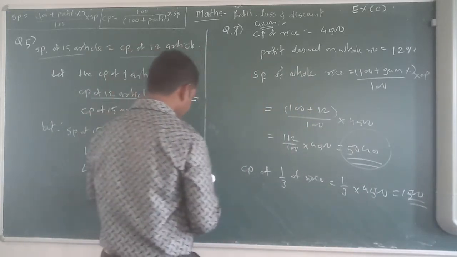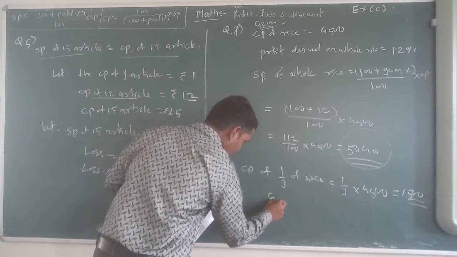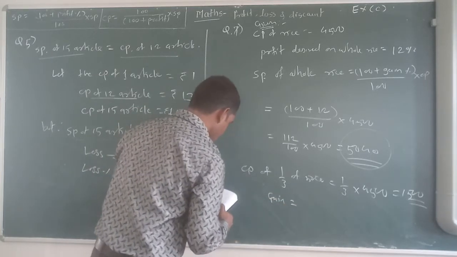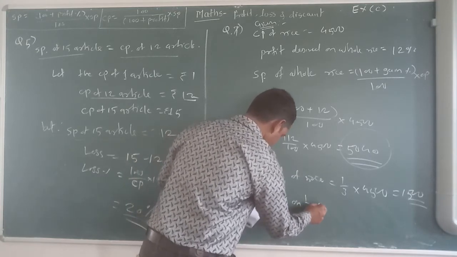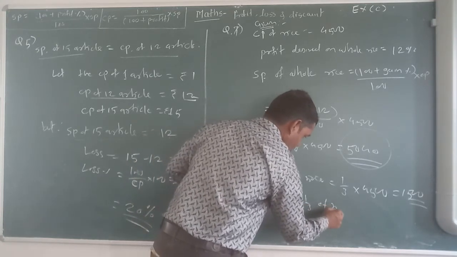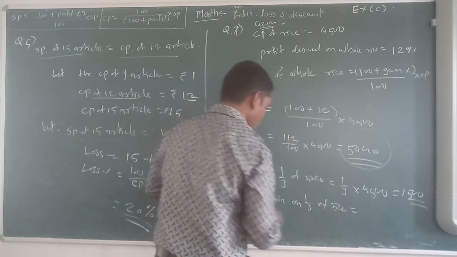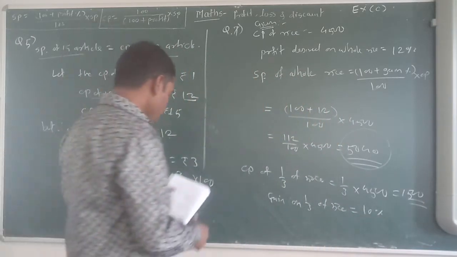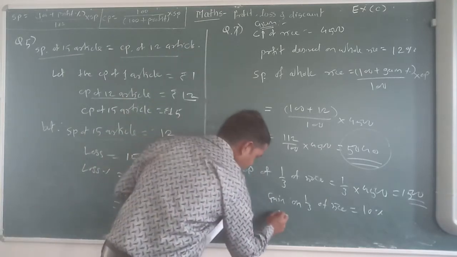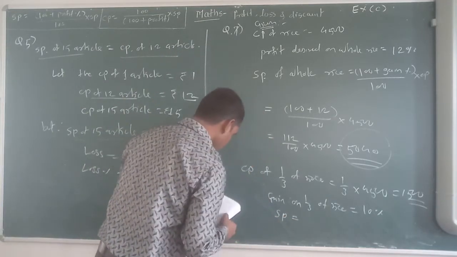And gain, how much is the gain? Gain on 1/3 of rice. 1/3 राइस के ऊपर गेन कितना है? 10%. 1/3 जो है उसने 10% से बेच दिया. So SP कितना हो जाएगा उसका?